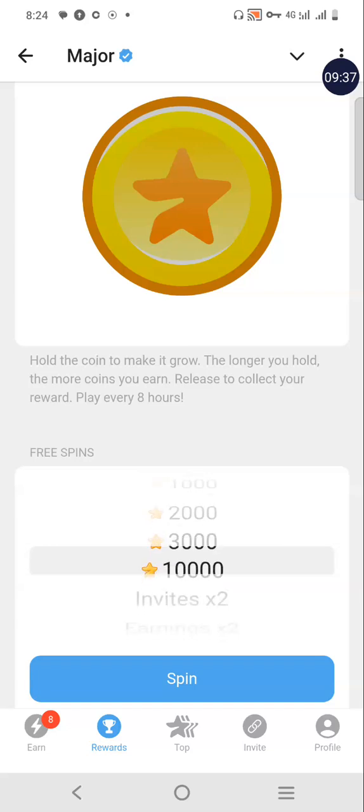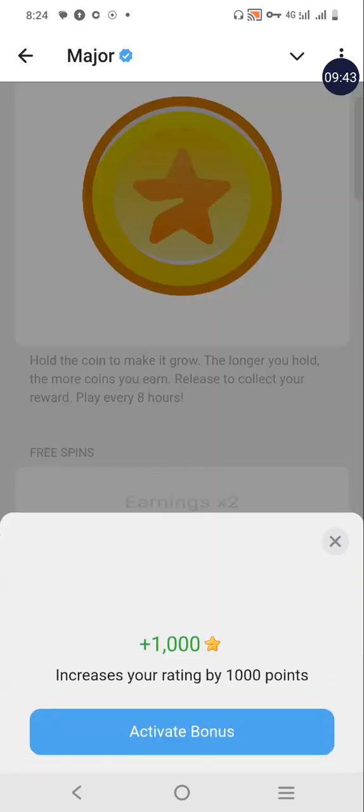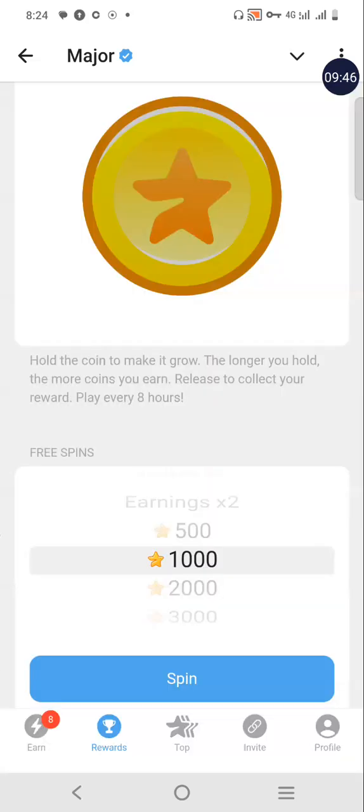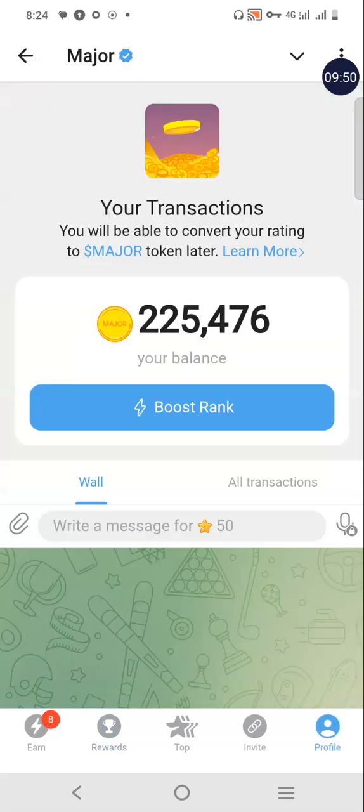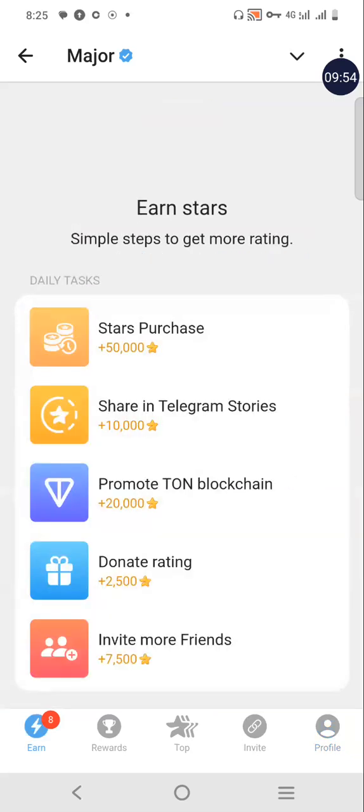So Major is not very difficult to navigate and get acquainted with. You see the points adding up, as you can see on my total points now. So go through it.